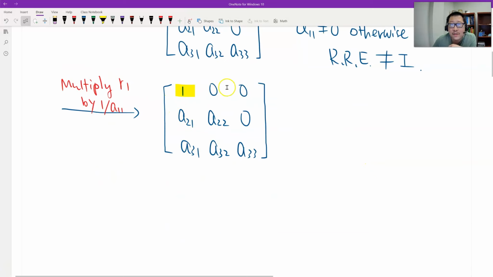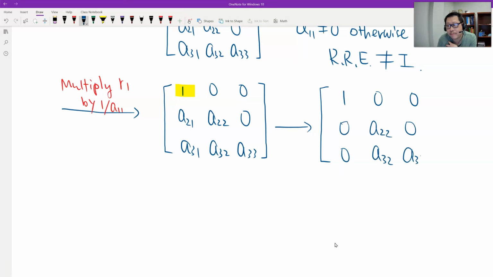Now I need to make these entries 0. I can use the first row with the third type of row operation. That should be easy, right? So I directly get it. I make this 0 using the third type of row operation.